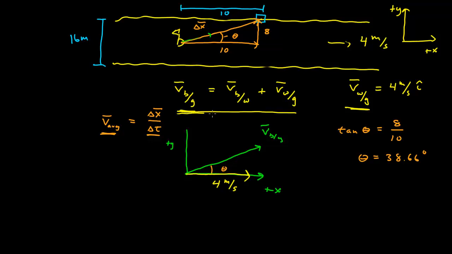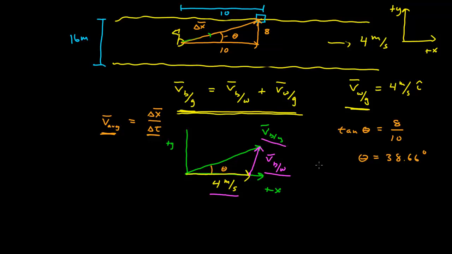And because of this relationship, I know graphically that my velocity of the boat relative to the water must make a triangle: the velocity of the water relative to the ground plus the velocity of the boat relative to the water must equal the velocity of the boat relative to the ground.